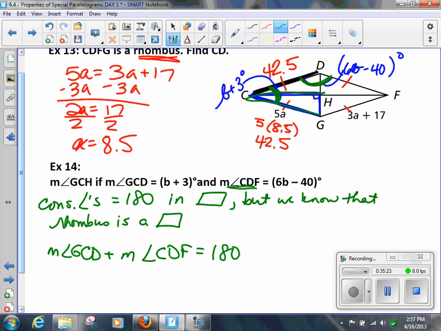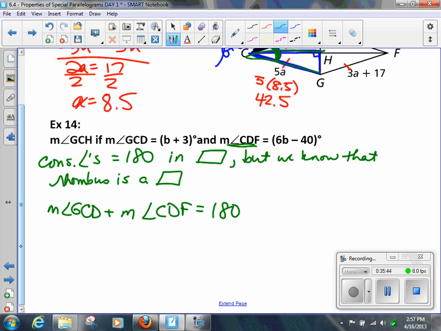180 degrees. The only thing I have to use right now about angles is those two expressions, b plus 3 and 6b minus 40. I've got to find the measure b. I've got to find out what it is, okay? This is the only way that I know how to do it right now, okay? So plug it in. GCD is b plus 3.